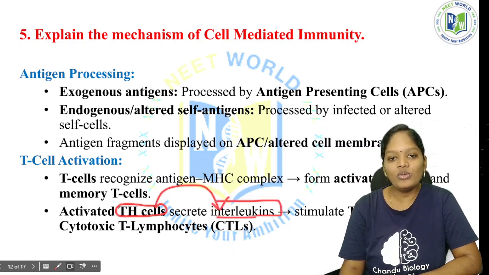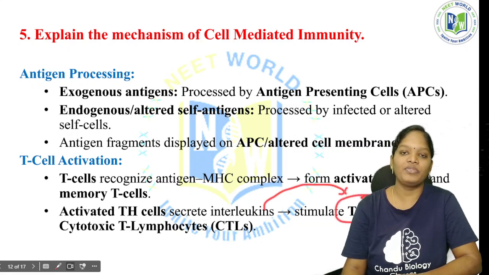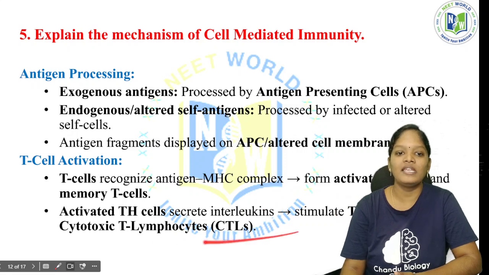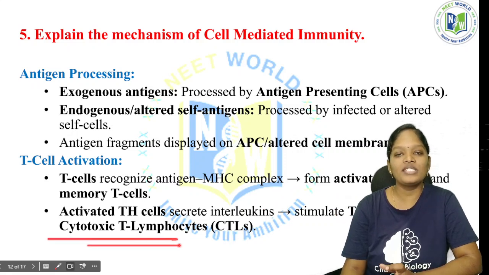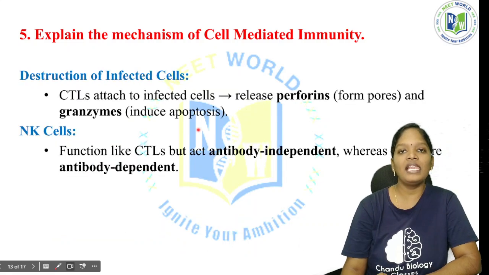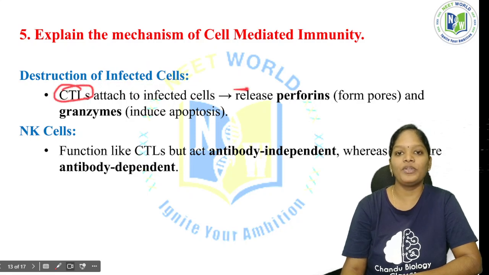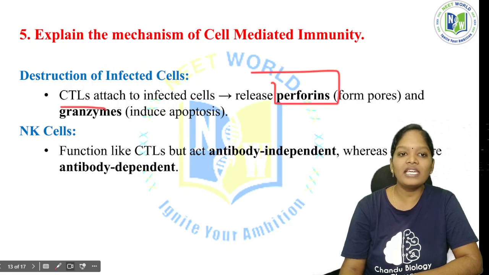Once the interleukins have been secreted by the helper T cells, they stimulate the cytotoxic T cells to become cytotoxic T lymphocytes, CTLs. Once the CTL has been produced, the infected cells are going to be destroyed by the CTLs by releasing the perforins and the granzymes.